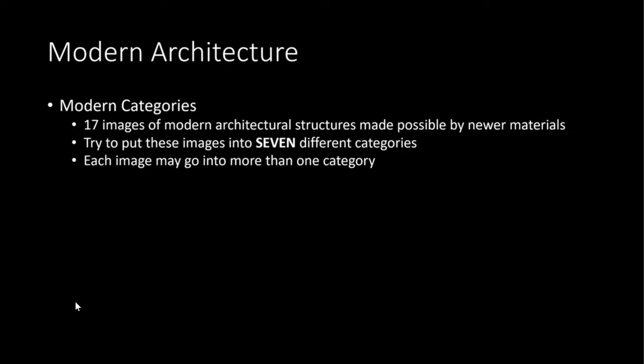Now, I would say one of these things is something you've seen before. So one of those categories is definitely something you've seen before. 3 of them are, I would say, twists on old forms that are made possible with newer materials. And then 2 of them are, shall we say, modern.